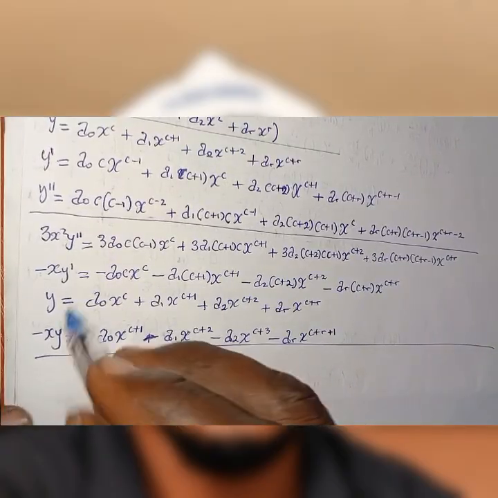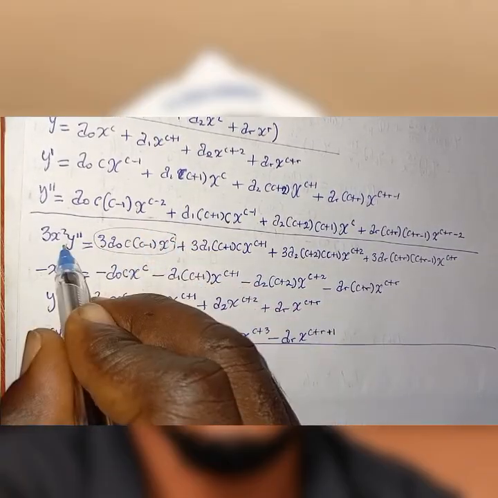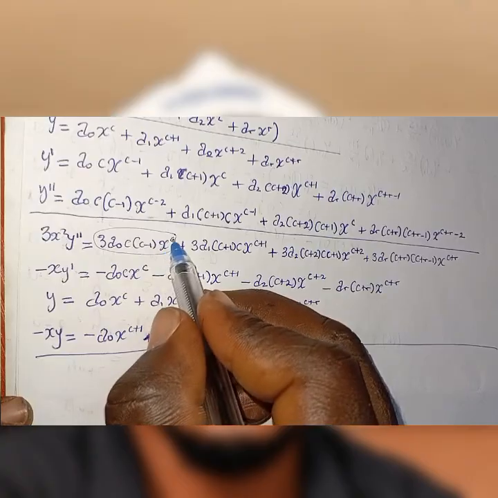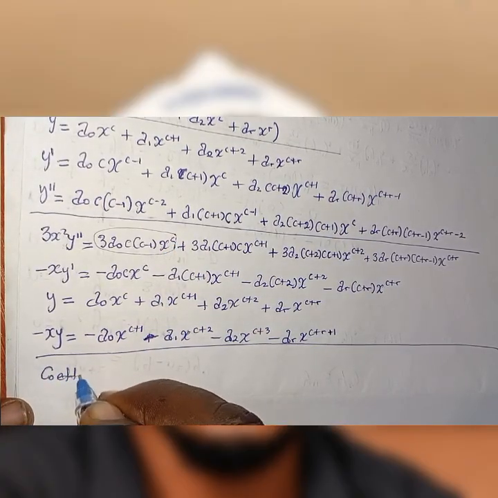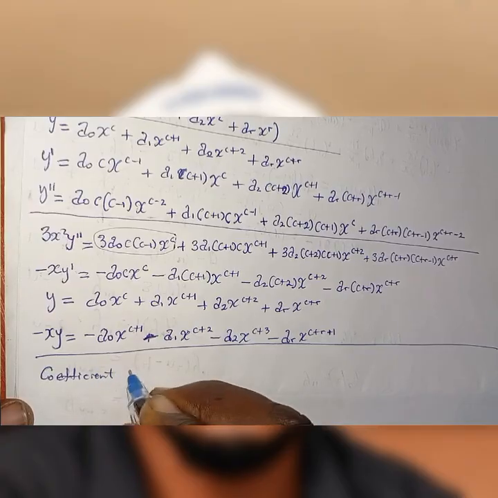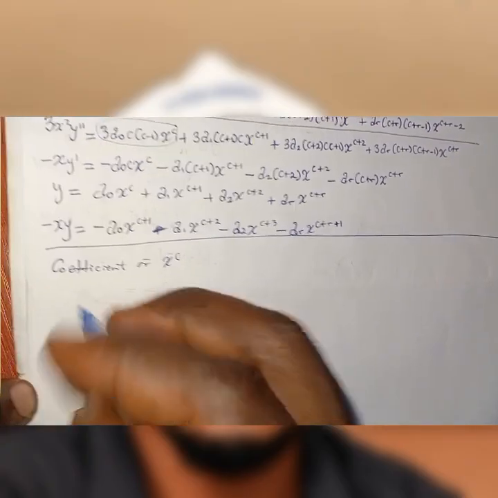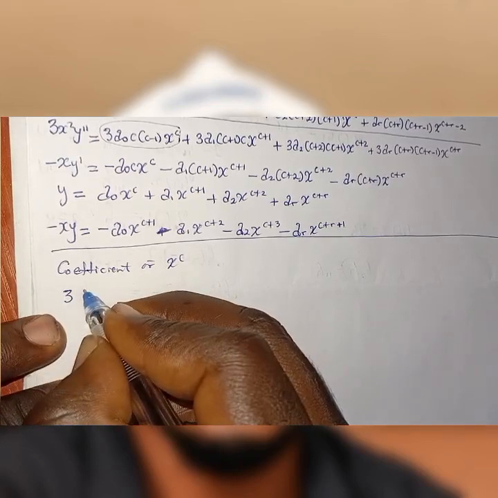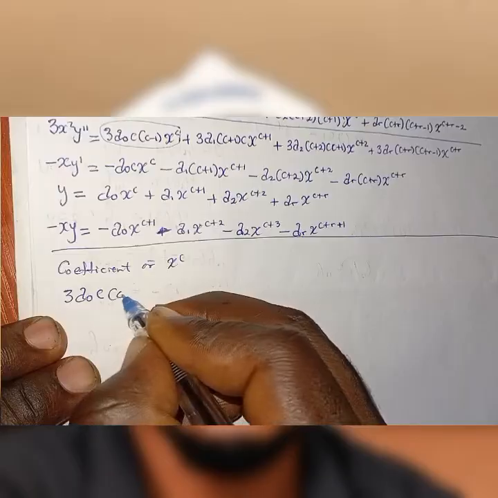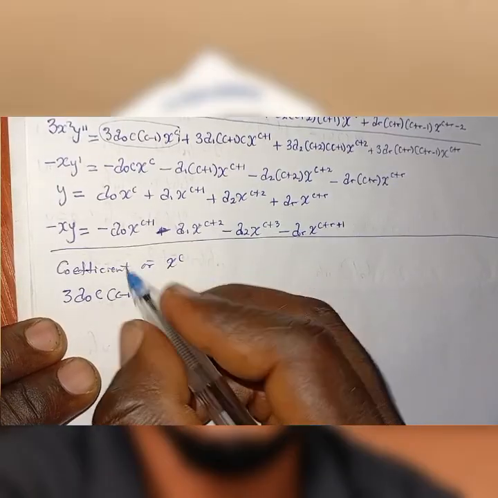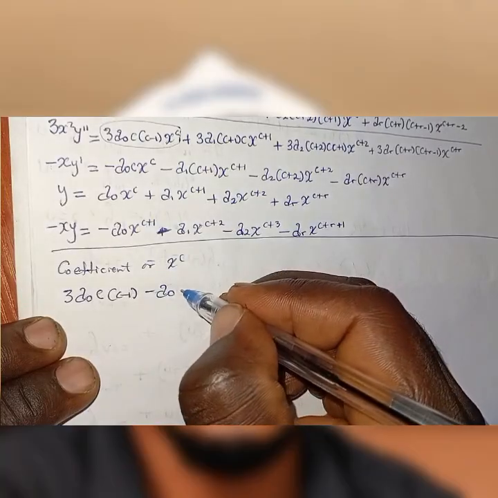Now, from the first one, the least power is x. Remember, we pick it from y prime prime. So the least power is x raised power c. Now, let's find the coefficient of x raised power c. Now, from the first equation, we have 3 a naught c minus 1. From the second equation, we have minus a naught c.